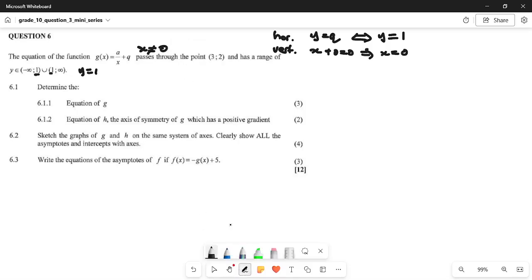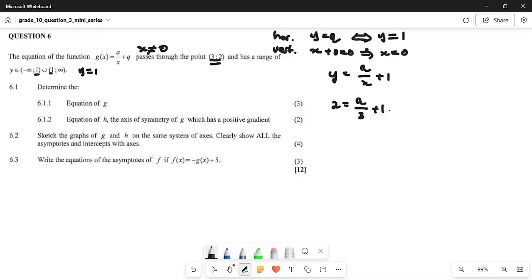So now we've got enough information to at least determine what our g is. I can rewrite my function as y is equal to a divided by x, plus 1, and then I will use this point to substitute into this equation and find my value of a. So for y I've got 2, and for x I have 3, plus 1.